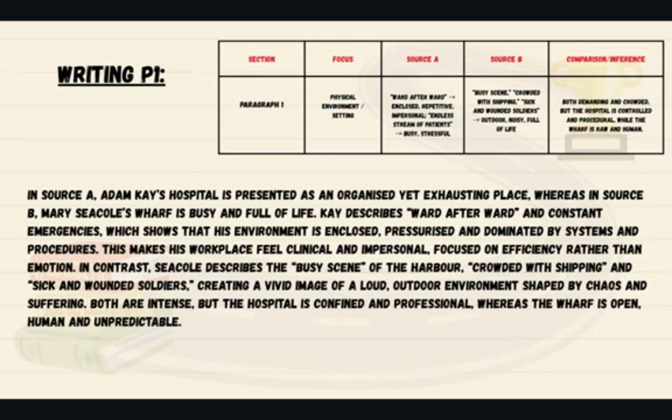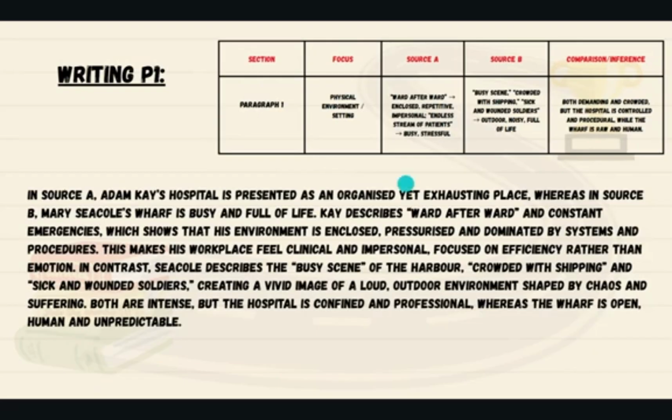This makes his workplace feel clinical and impersonal, focused on efficiency rather than emotion. In contrast, Seacole describes the busy scene of the harbour, crowded with shipping and sick and wounded soldiers, creating a vivid image of a loud outdoor environment shaped by chaos and suffering. Both are intense, but the hospital is confined and professional, whereas the wharf is open, human and unpredictable.